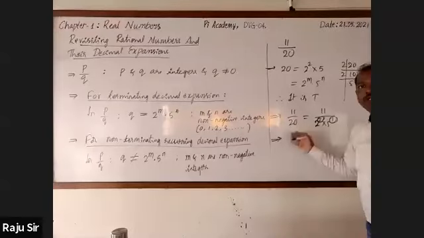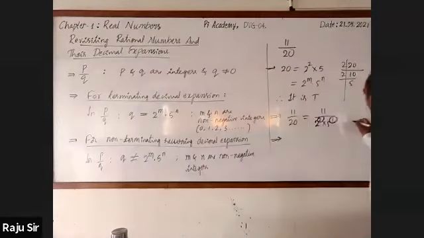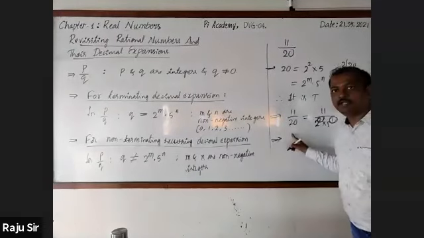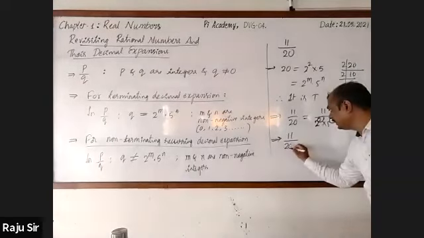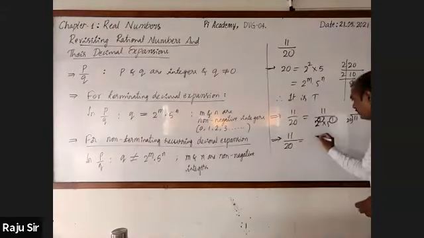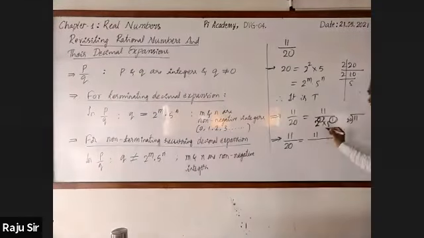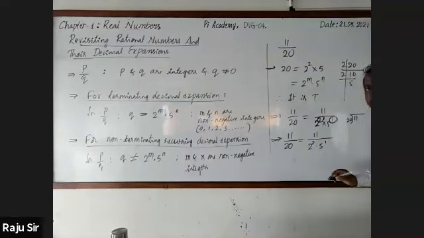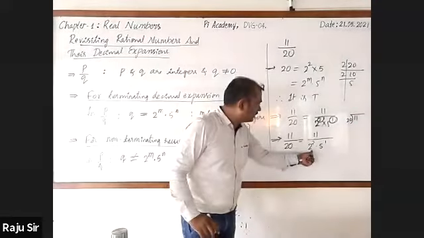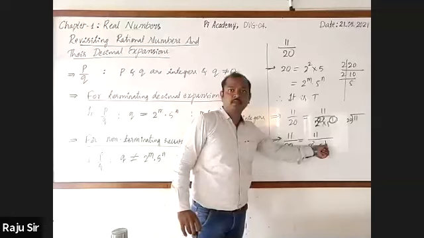Just observe it. You need not go for the actual division method. Don't divide 11 by 20 like this. I'll tell you that method. Here 11 by 20 is equal to 11 by 2 square into 5 raised to the power 1. Observe the denominator. 2 raised to the power 2 is there, 5 raised to the power 1.